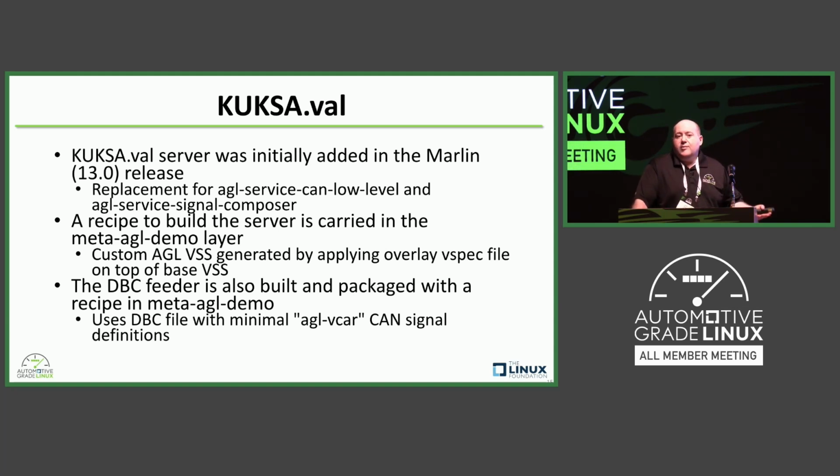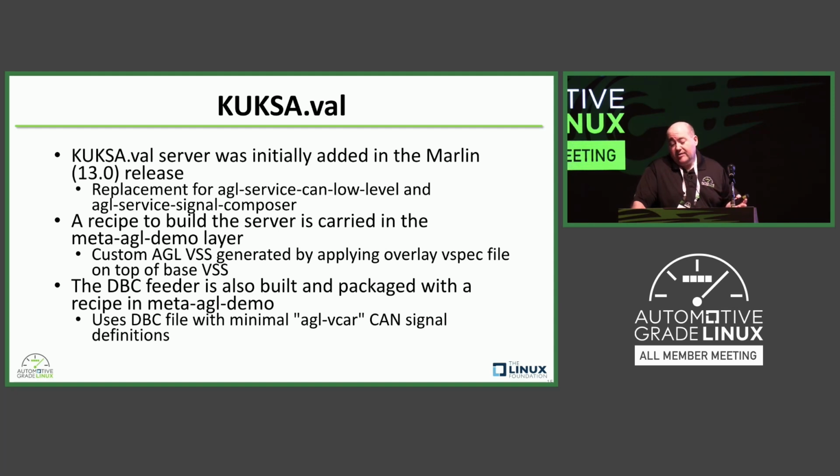So it seemed worthwhile to pick them up and try using them in AGL to expose AGL members to these new things. I wrote some recipes to build the different pieces, and those have evolved over time. Those are in meta-agl-demo at the moment. Like I mentioned, we now have some recipes around the tooling to generate custom VSS trees from VSpec files.